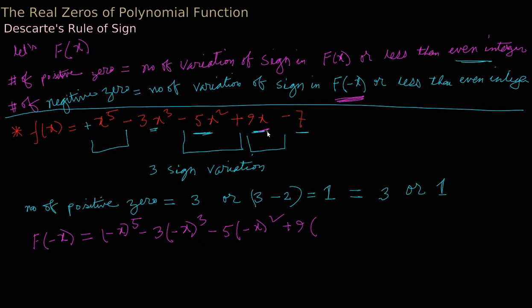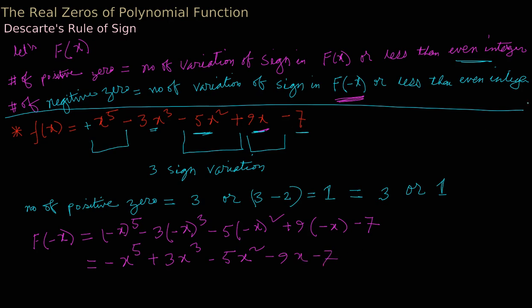Instead of x, I write negative x: (-x)^5 - 3(-x)^3 - 5(-x)^2 + 9(-x) - 7. If I do that, I get -x^5 + 3x^3 - 5x^2 - 9x - 7.